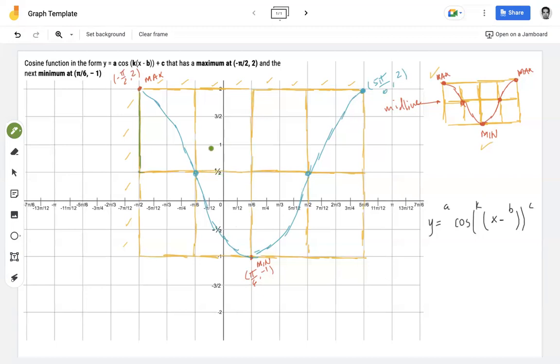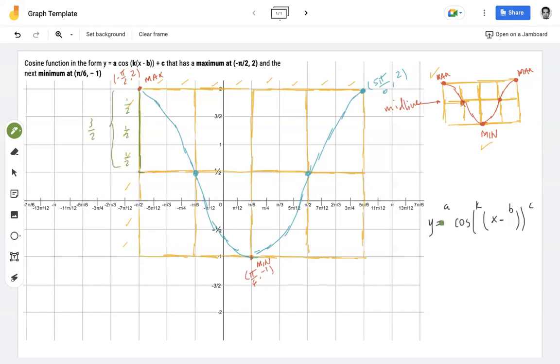So each square is 1/2. This is 1/2, this is also 1/2, and this is also 1/2, because from 1/2 to 1 there's 1/2, from 1 to 3/2, and from 3/2 to 2, the distance is 1/2. So the amplitude is 3/2. And because it starts at the maxima, it's going to be a positive cosine.